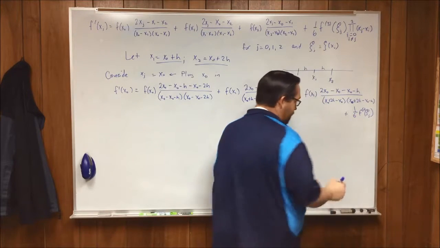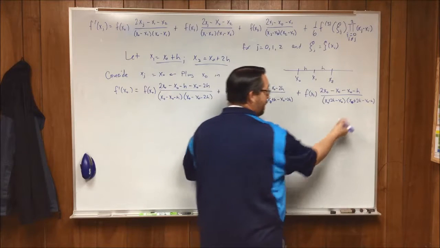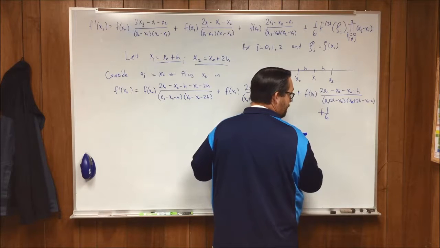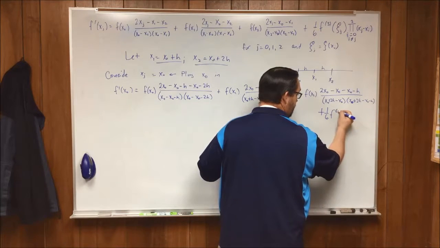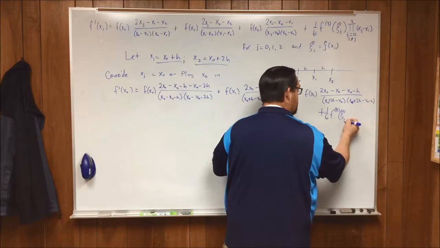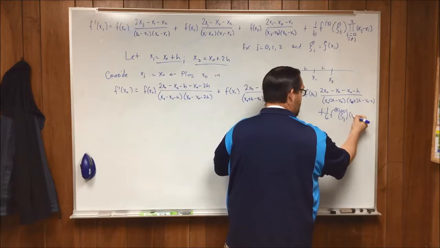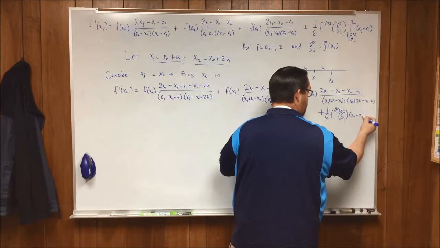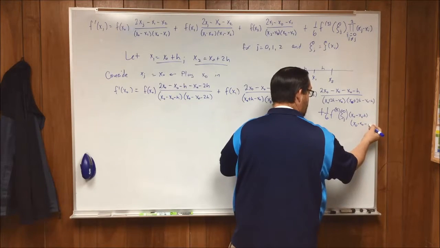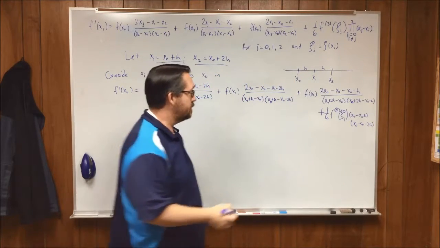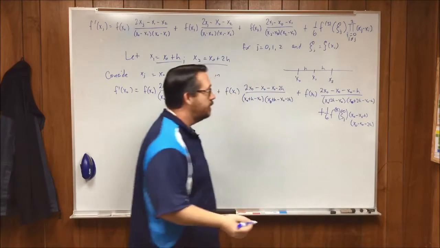So what that means is that this term right here ends up having plus 1/6 the third derivative at c sub j times x0 minus x1, which is x naught minus h, times x0 minus x2, which is x0 minus 2h. Like that. Okay.